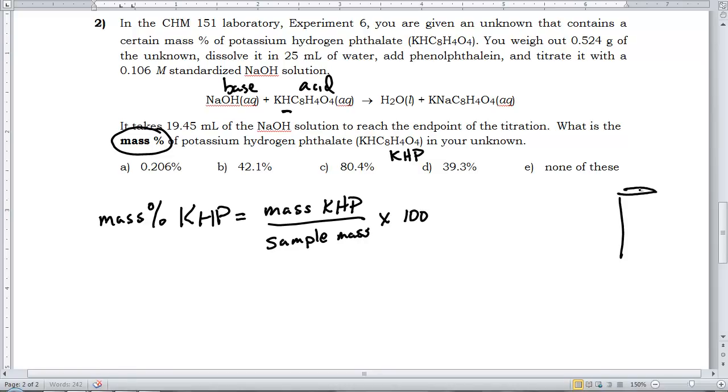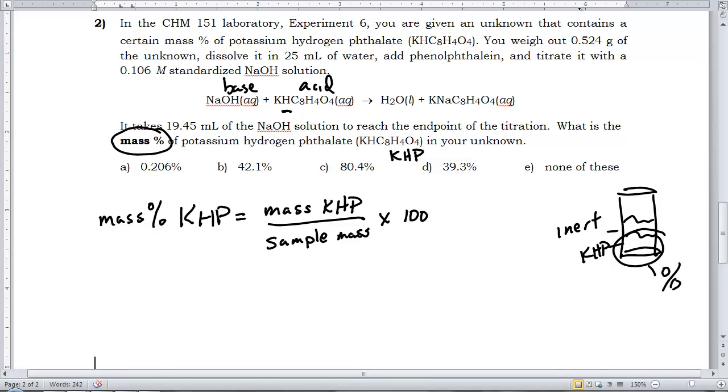So this unknown that you had in the 151 lab contains some KHP, but it also contained what we'll call an inert ingredient that does not react with the strong base. Okay, it's technically not an inert ingredient, but it doesn't react with strong base.